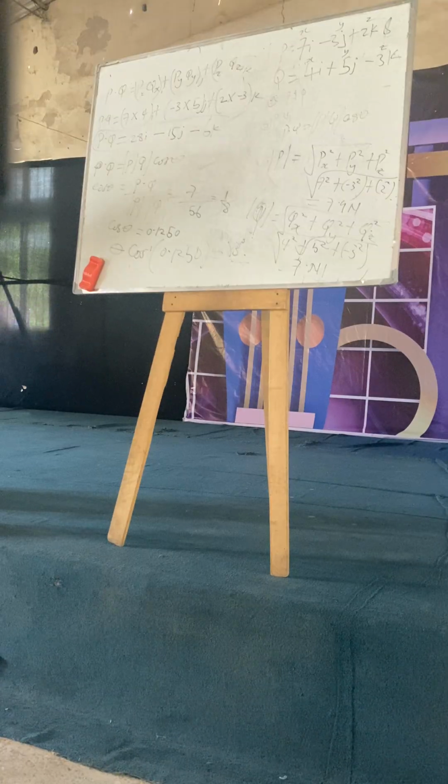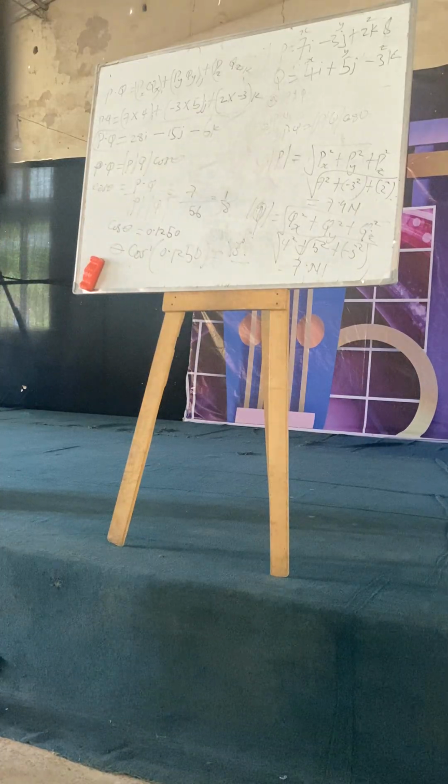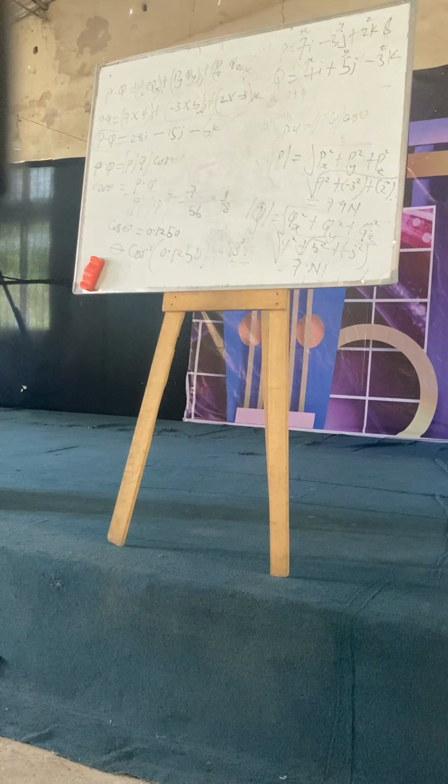If vector A equals, are you writing? Let me just give it to you and we'll start going, please. I'm exhausted and you're exhausted. If vector A equals I plus 2K minus 3K.